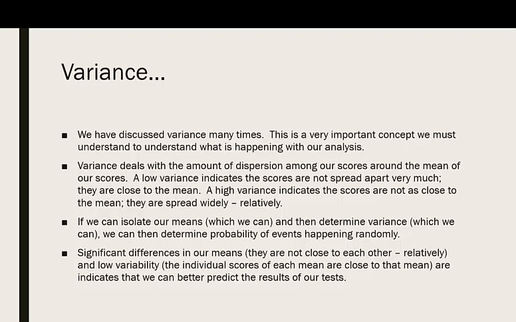And we're going to see this is similar to ANOVA when we're looking at 3 groups. If that is the case, then it's easier for us to determine with confidence that what we're seeing is significant. Okay?